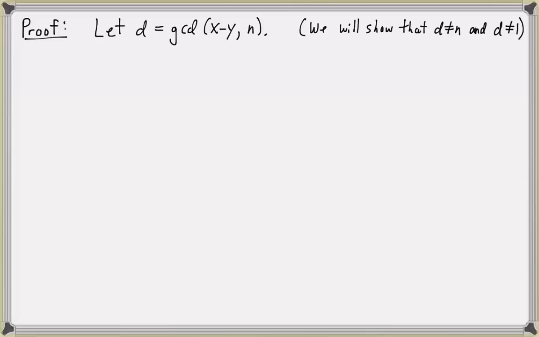For a contradiction, let's first assume that d equals n. Then n must divide x minus y, and I can write x minus y as an integer times n. So x minus y equals n times k for some integer k.